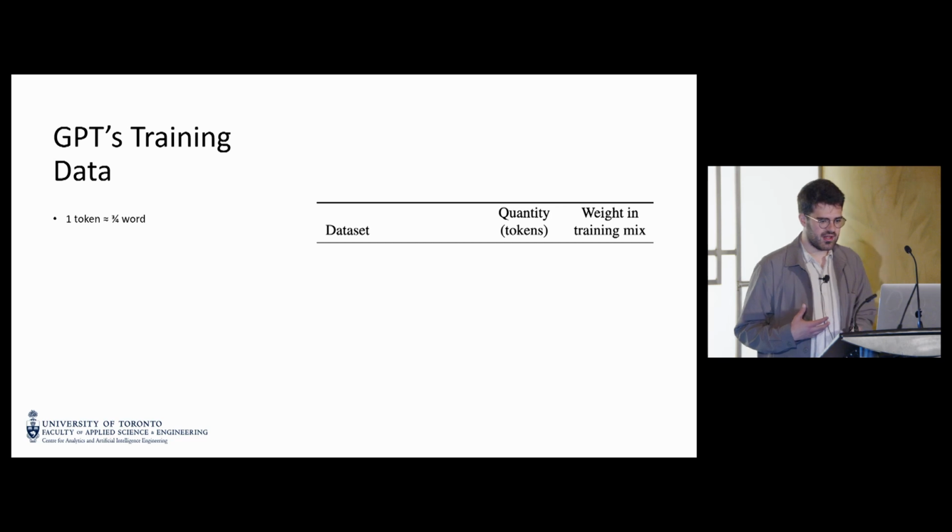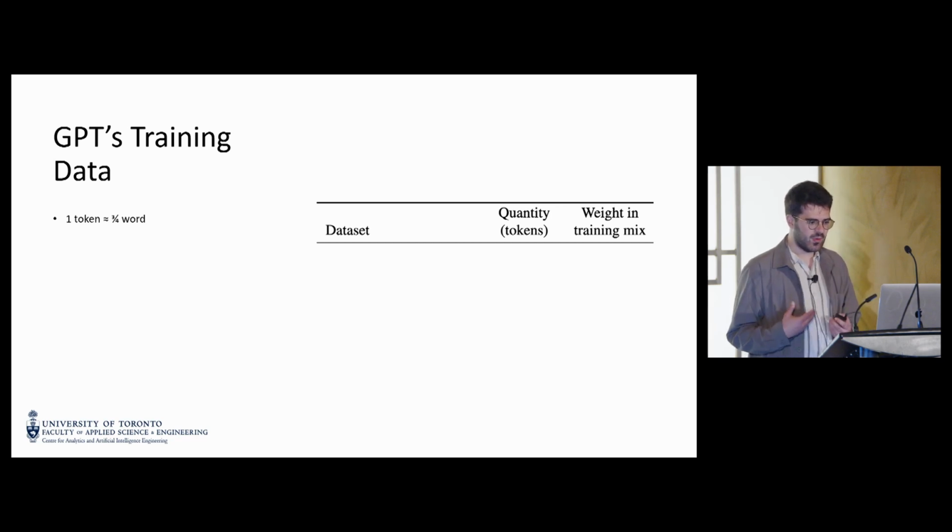So I've said that these models are trained on a huge amount of data, but what's actually included in that? The GPT-3 paper includes a very, very brief overview of the data that's used in training. It's comprised of 5 data sets. Before we go through them, I'm just going to quickly define the terms in this table. So we have the name of the data set, and then we have the quantity of data in tokens.